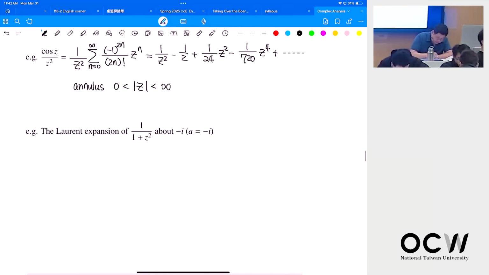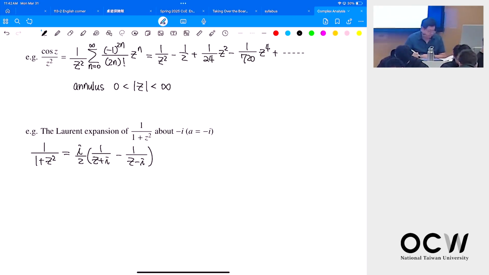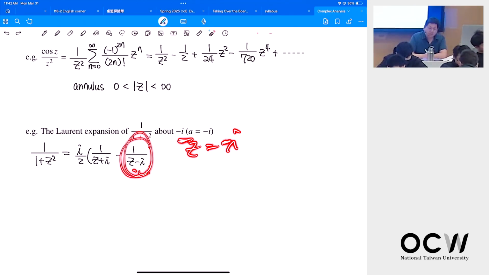First, we need to know that 1 over 1 plus z squared is I over 2 times 1 over z plus I minus 1 over z minus I. We need to deal with this part, but this part is just our regular function, and I want to expand this function about z equals minus I. This singular point is z equals I, but here I want to expand with z equals minus I. So it doesn't matter; there's no singularity for this part.